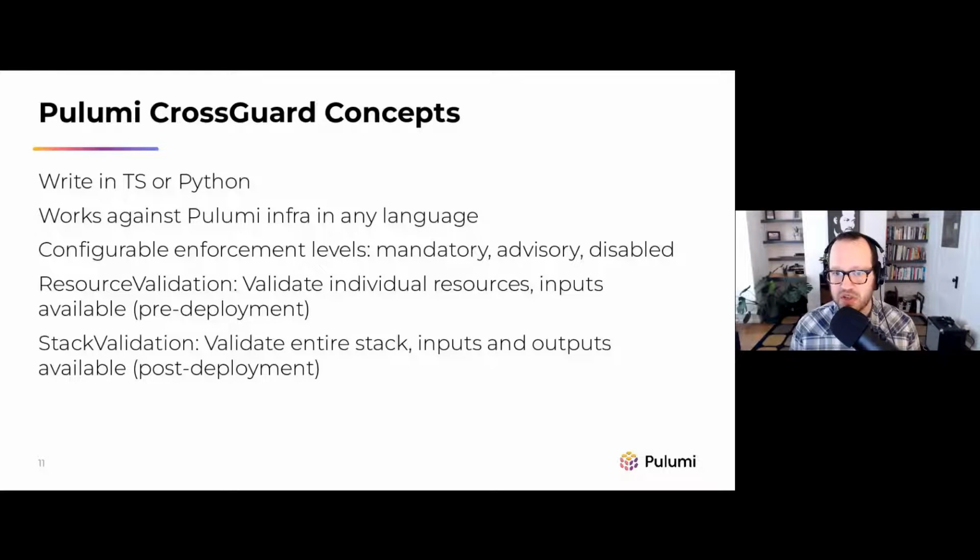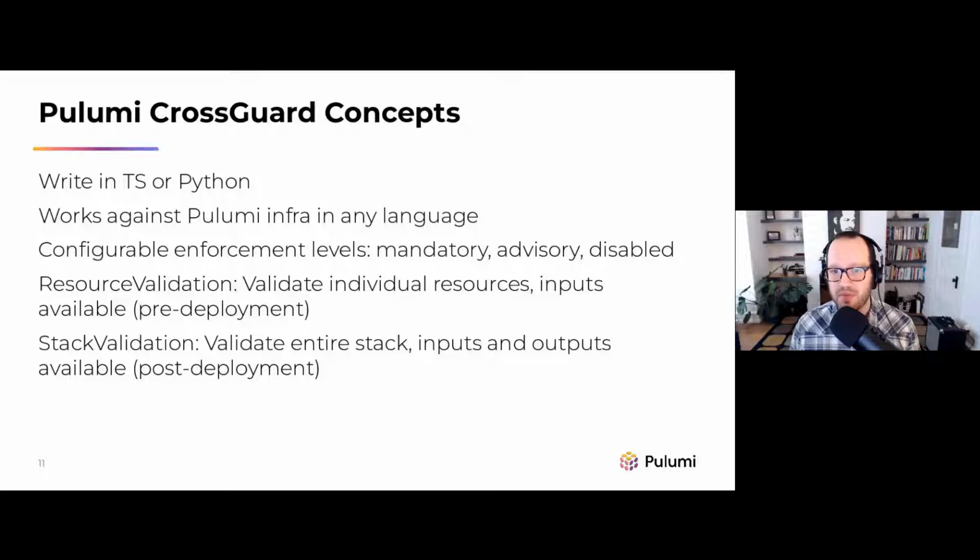There are resource-based policies. That would execute, for example, against a single S3 bucket. And those execute pre-deployment. So those are the preventative controls that we described. And that is the majority of what we'll be showing today. Actually, I think it's the entirety. In addition, there are stack validation rules, which will work against an entire Pulumi stack.